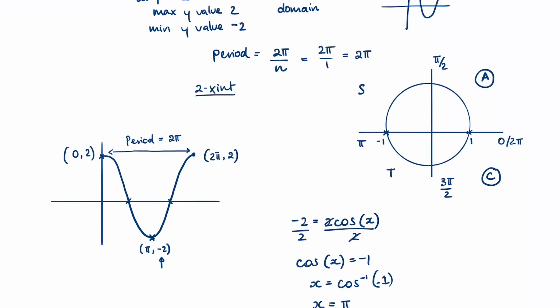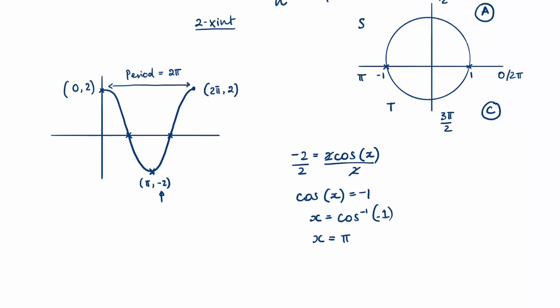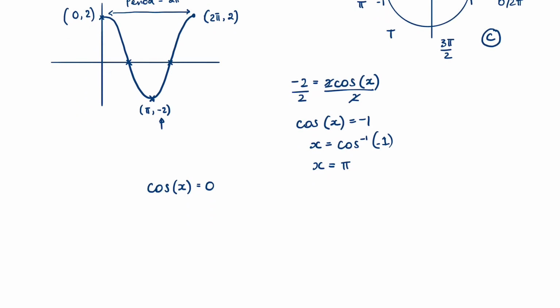Now, if you're wondering how we're going to find our x-intercepts, we can do something similar. Here 2 cos of x is equal to 0. So again, cos of x is equal to 0 divided by 2, which is going to be 0.